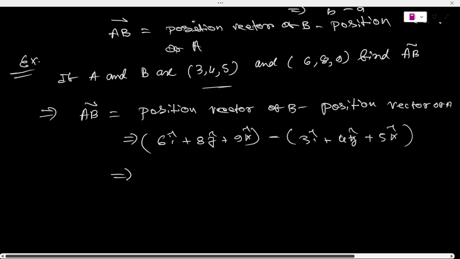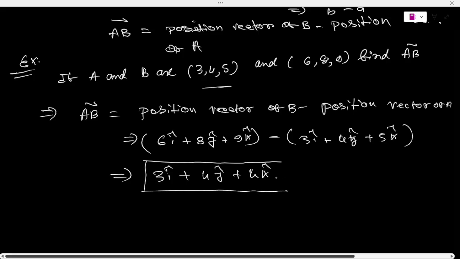So it will be 3 i cap plus 4 j cap plus 4 k cap. So that is the ultimate answer.